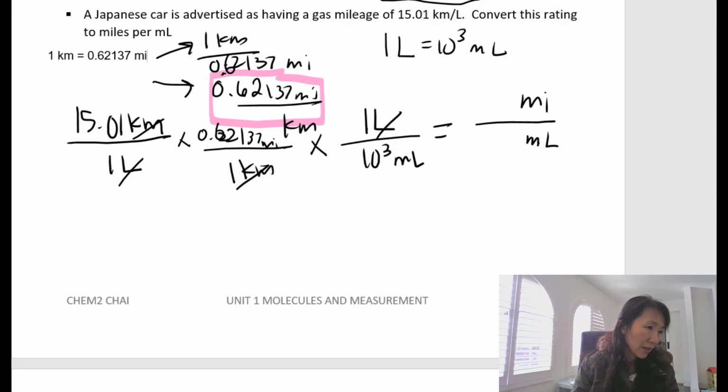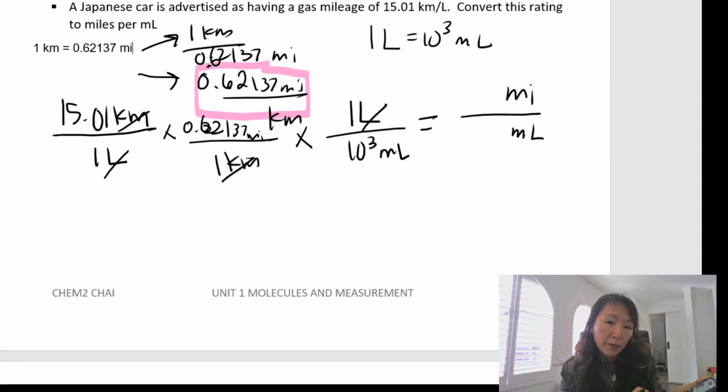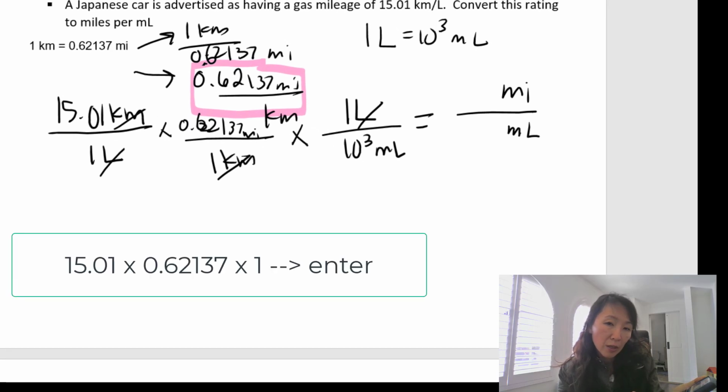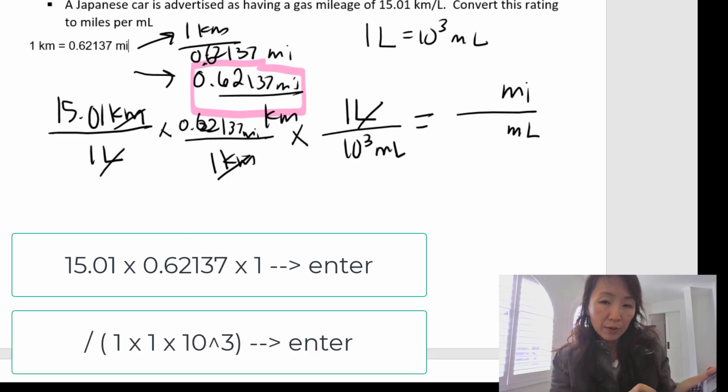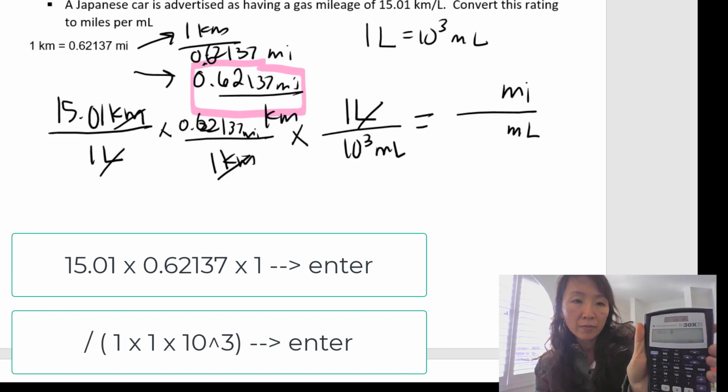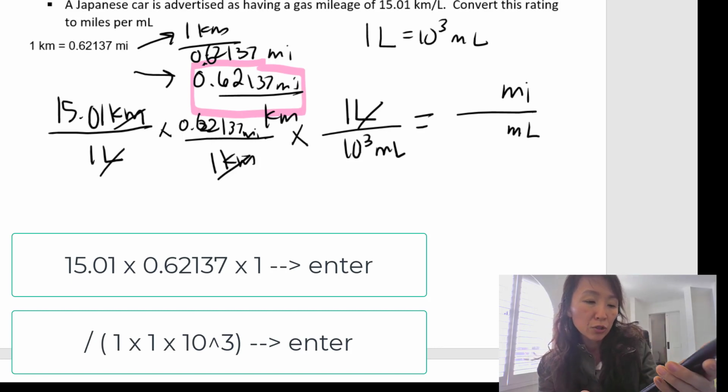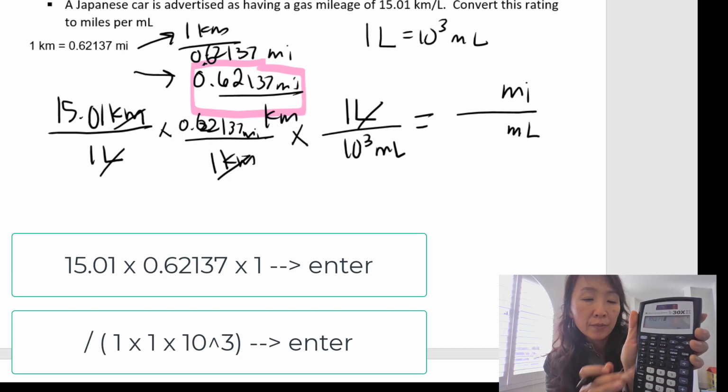Grab my calculator. All right. So in my calculator, I'm going to type 15.01 times 0.62137 times 1 liter. And then divide that by, open up a parentheses, which is right under cosine, right here.